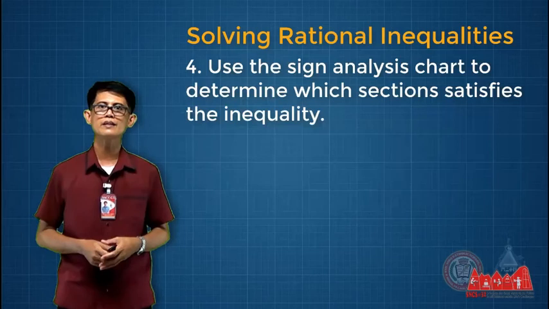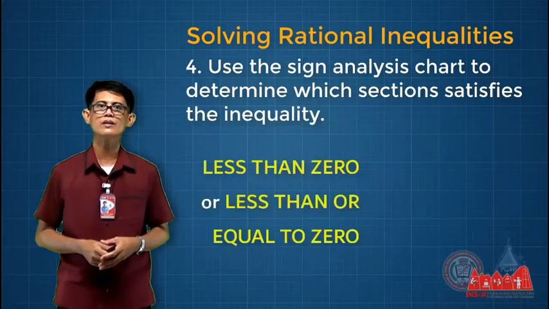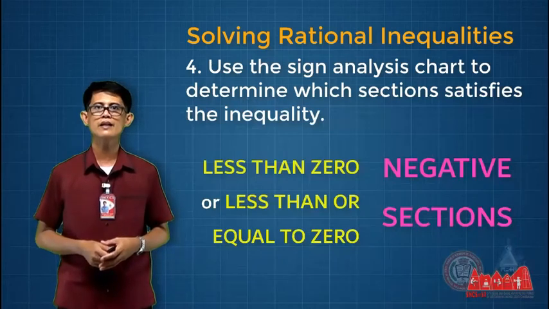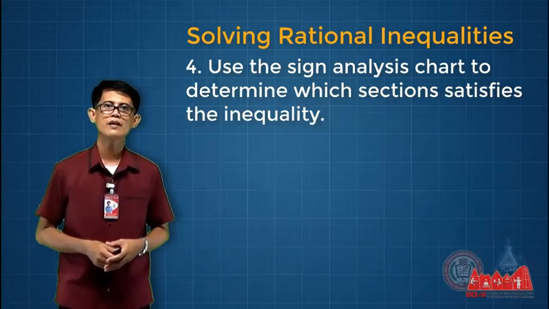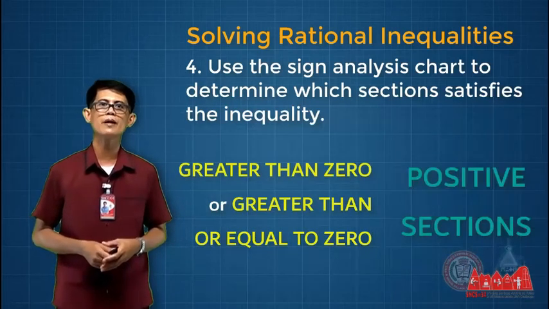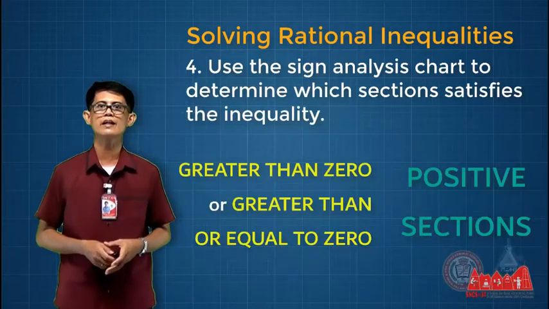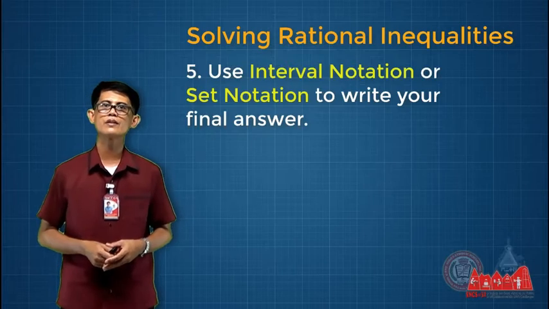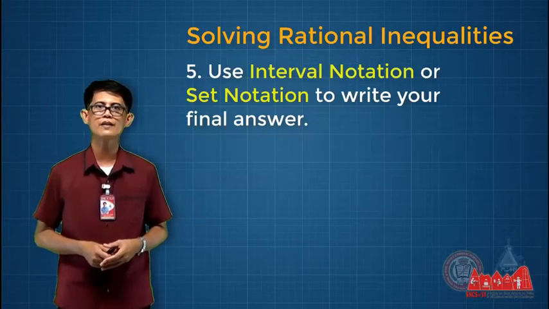If the inequality is less than 0 or less than or equal to 0, then you want all of the negative sections found in the sign analysis chart. If the inequality is greater than 0 or greater than or equal to 0, then you want all of the positive sections. Number 5, use interval notation or set notation to write the final answer.